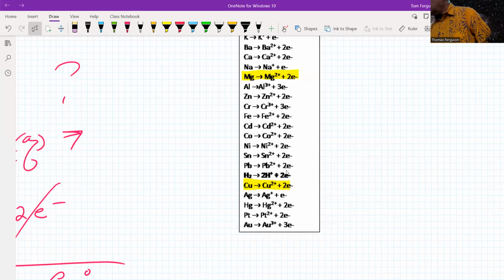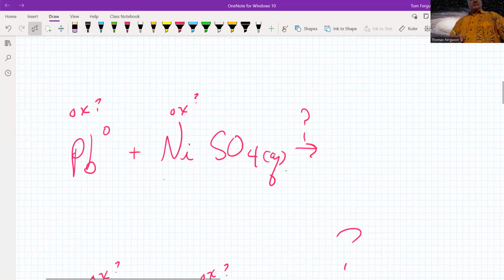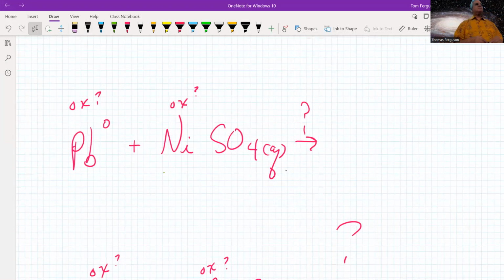Okay, here's nickel. Here's lead. So which is higher, nickel or lead? Nickel's already been oxidized. Because lead is not above nickel, it can't be oxidized.